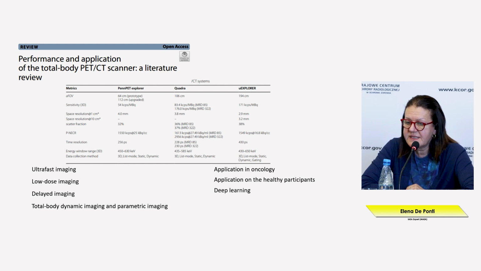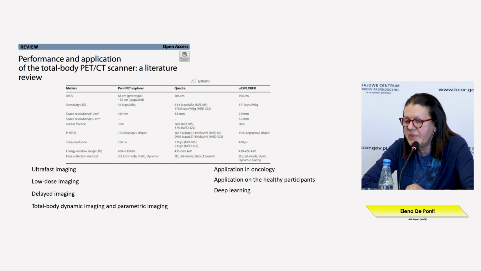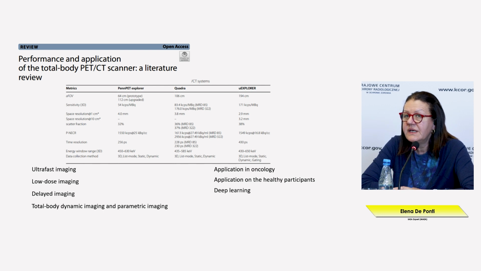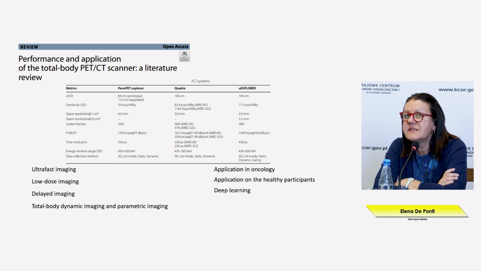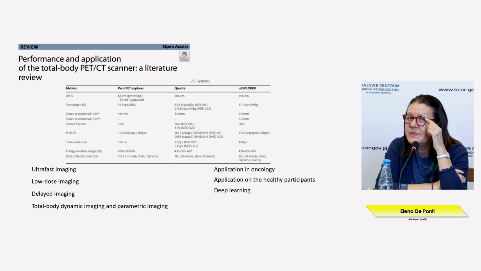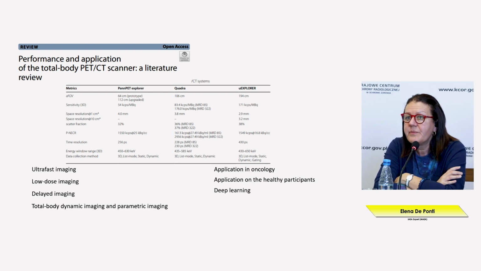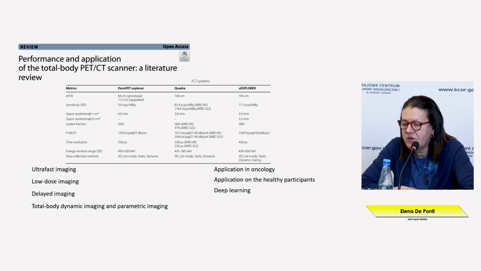Here we can have one example of the performance of this kind of total body scanner. They are already well described in literature, and we can find many papers on this kind of equipment, and it has been underlined that there is a huge field of application, a huge possibility of improvement and advantages with this kind of scanner.